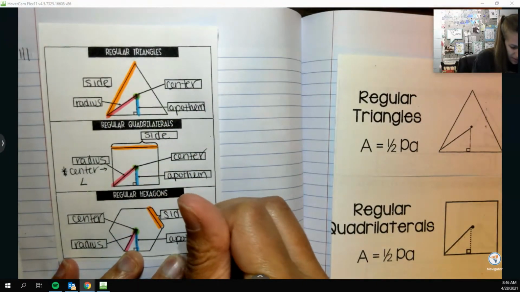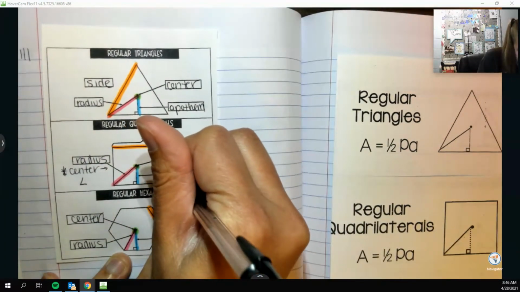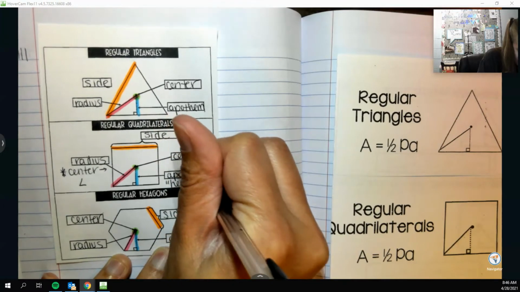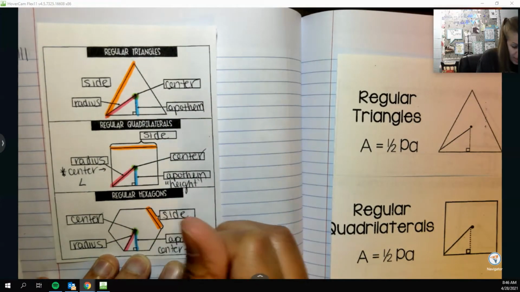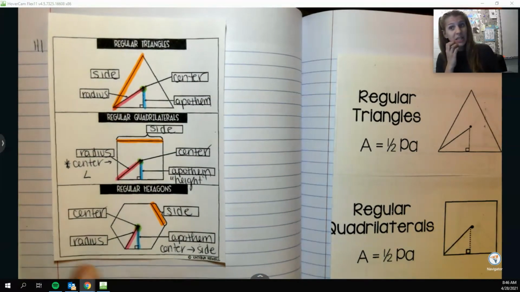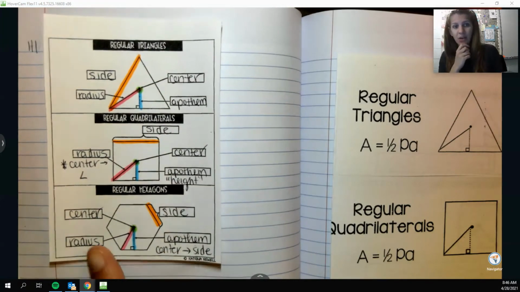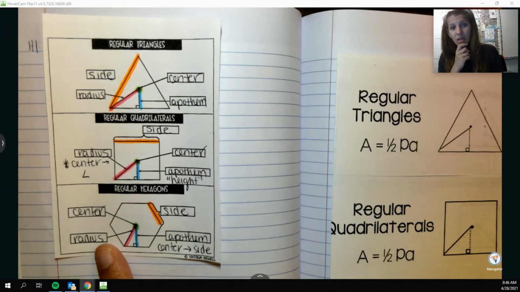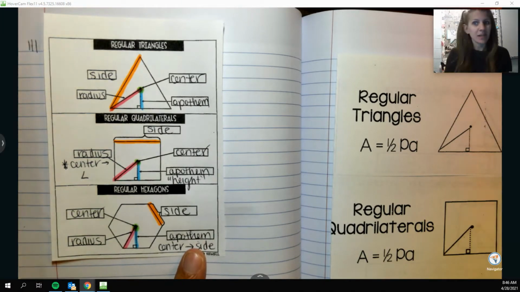An apothem is a height, but it goes from center to side, which is important. I do need to understand the difference between a radius and an apothem. They're not the same. A radius goes from center to angle. An apothem goes from center to side, and it is like a height. It should have that 90.